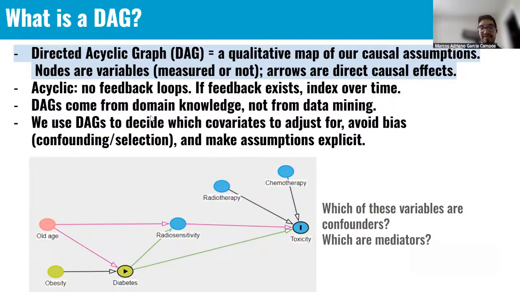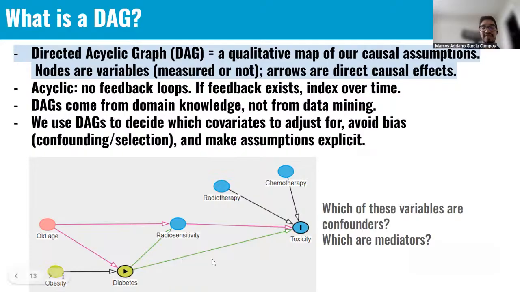Because of this, we need to study very deeply or do a good literature review to understand the connection between the variables. So we use DAGs to decide which covariates to adjust for, avoiding bias, confounding, and selection, and to make assumptions explicit.